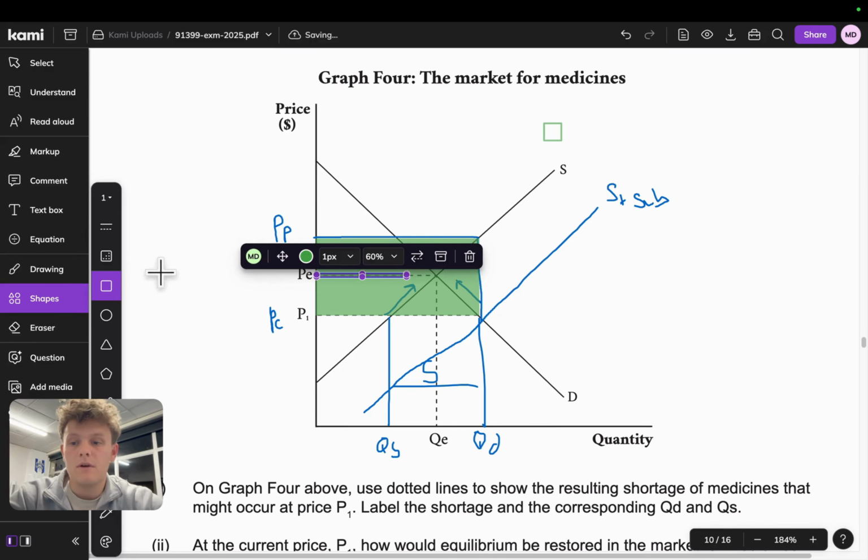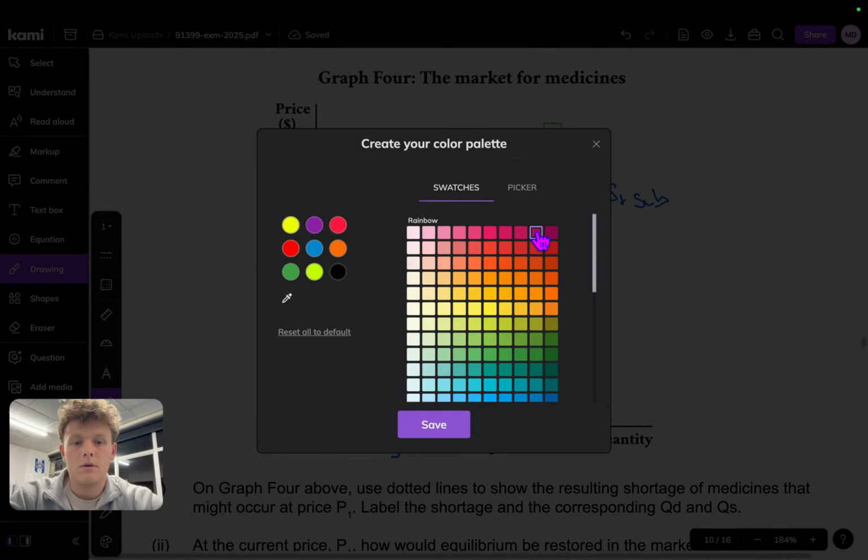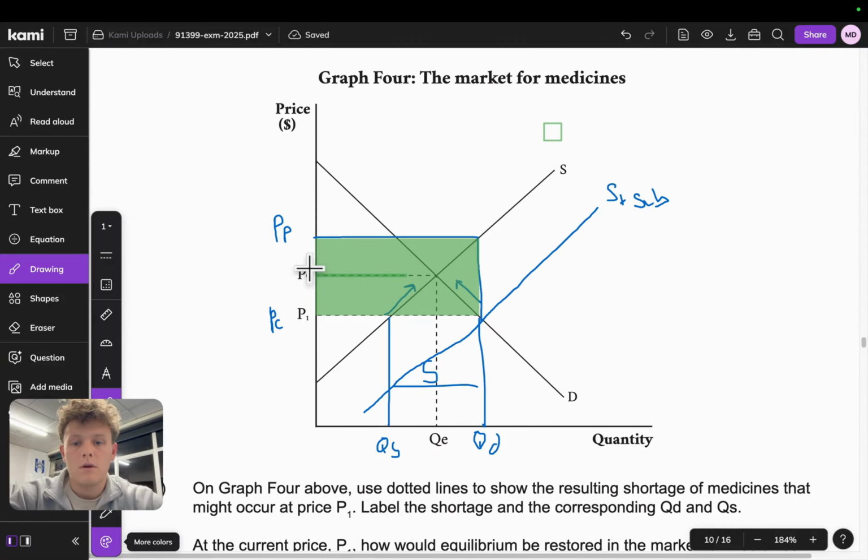This area, in fact, let me use a different color pen here. This area here becomes an increase in producer surplus. This area here becomes an increase in consumer surplus as they pay a lower price, and the demand curve remains the same.